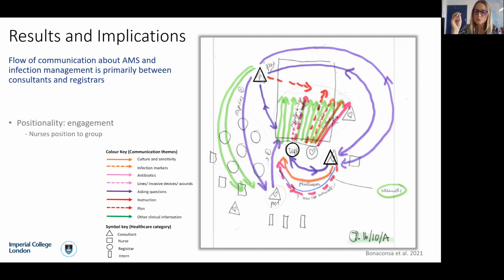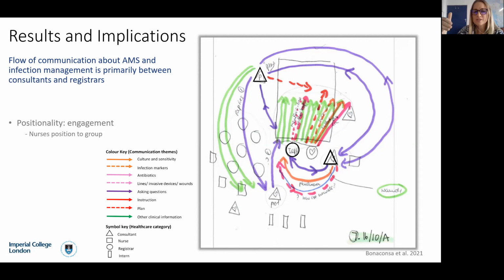So what we found with most of our observations and with the sociograms is that the flow of communication about AMS and infection management is primarily between consultants and registrars. This might not be surprising because it may be the purpose of the round to discuss certain aspects of the patient, but it was an interesting observation.